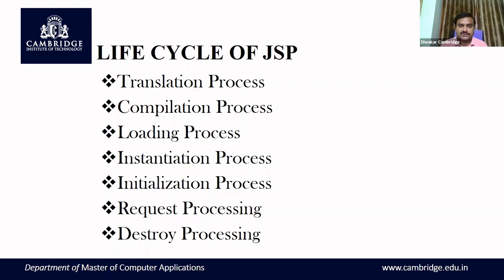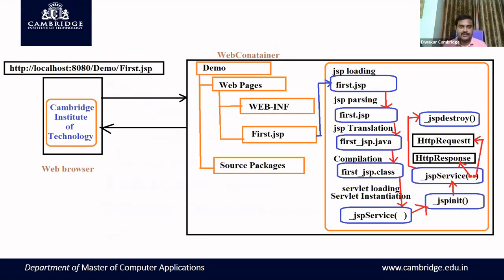I'll explain these processes by using this particular diagram. You observe this diagram. So here you have the browser, and this is what you call the server. In the server, you have a container. In the container, you're going to create one project. The name of the project is demo.